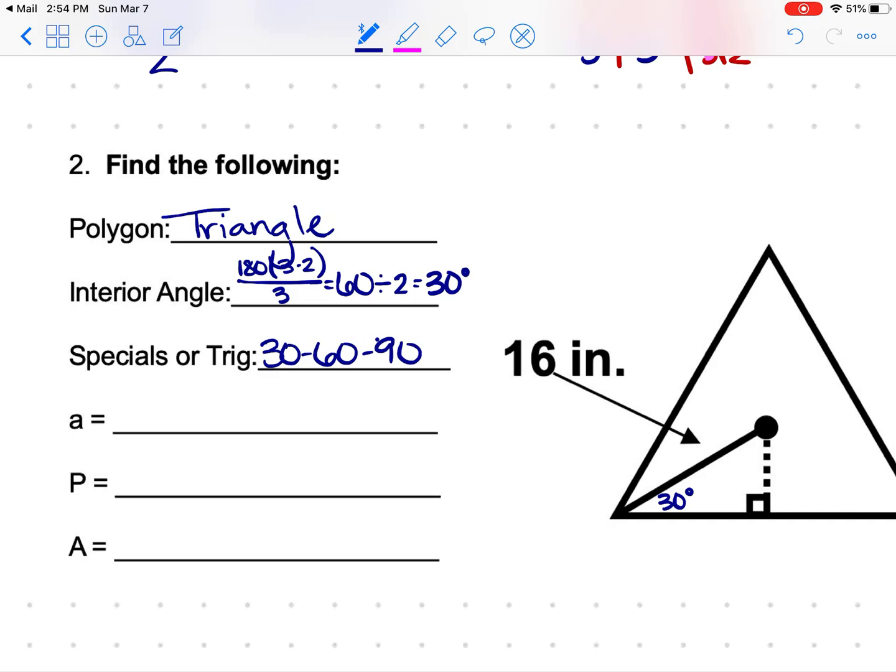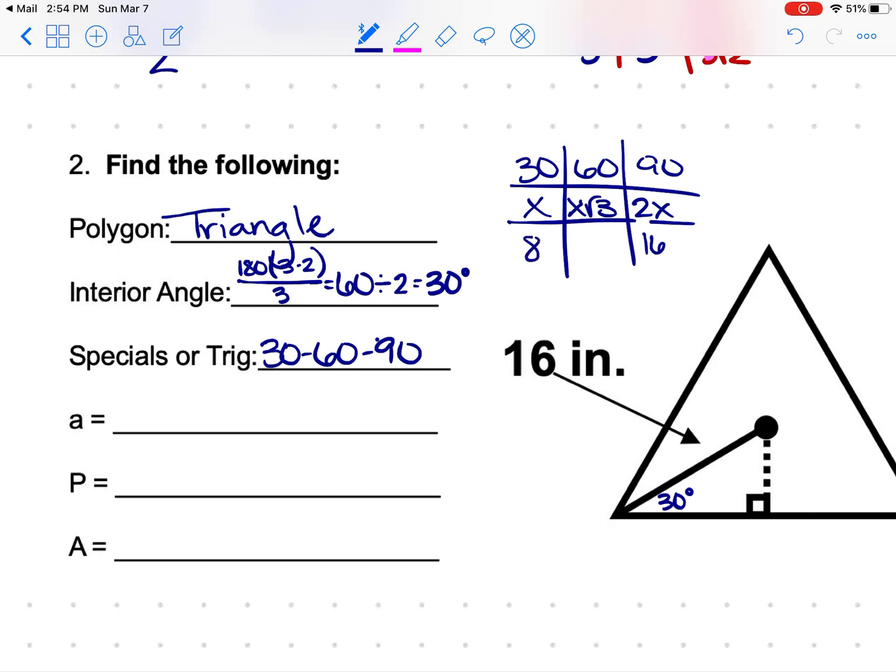And so let's go ahead and set up our tic-tac-toe. Okay, 16 is across from the 90, which does make this easy. So 2 times what gives me 16? 8, so x is your 8. Plug that in and substitute it for the x, 8 square root of 3.